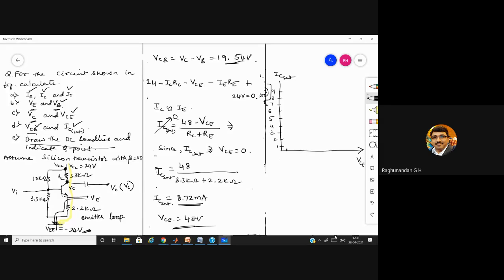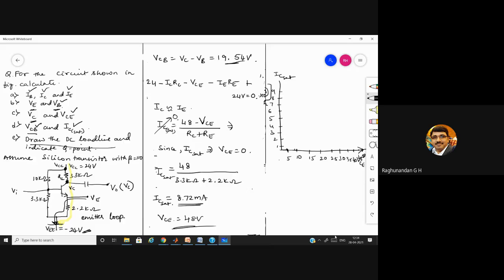Here, since we need 48, taking 2 at a time would be very big, so we take 5: 5, 10, 15, 20, 25, 30, 35, 40, 45. Somewhere here you'll get 50.